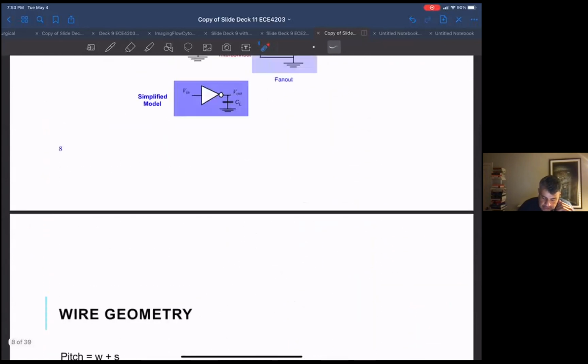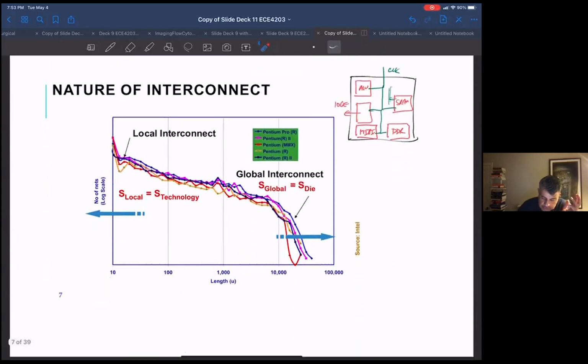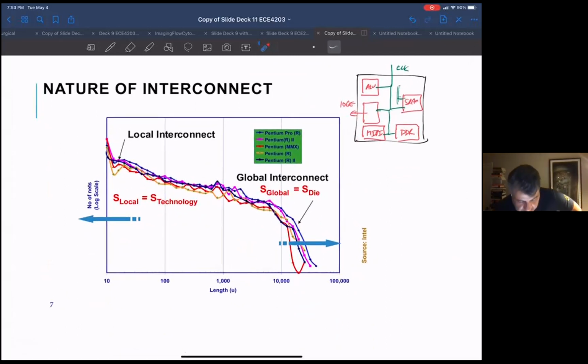The other thing I hope will stick in your head, since I'm hoping there are very few things you remember from this lecture, is this graph of the nature of interconnects. You see this on a lot of things. This is the length of the interconnects, and this is the population of the number of nets that have that length, on a log scale.